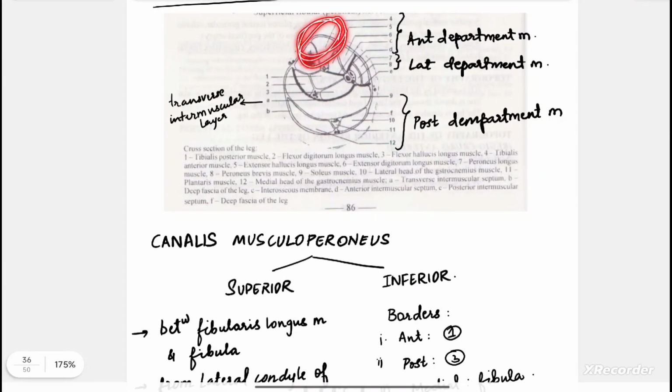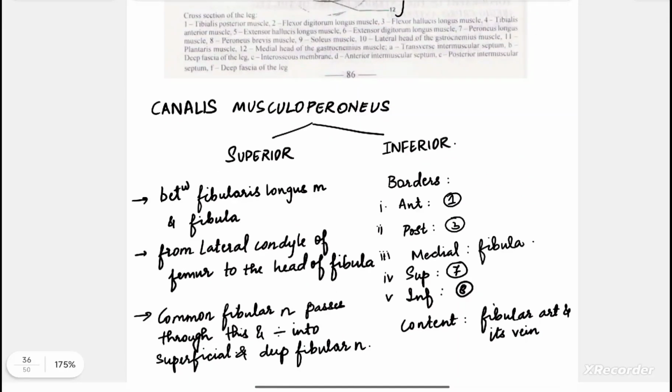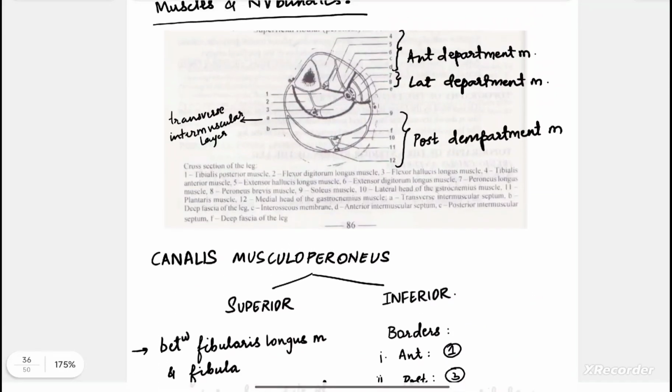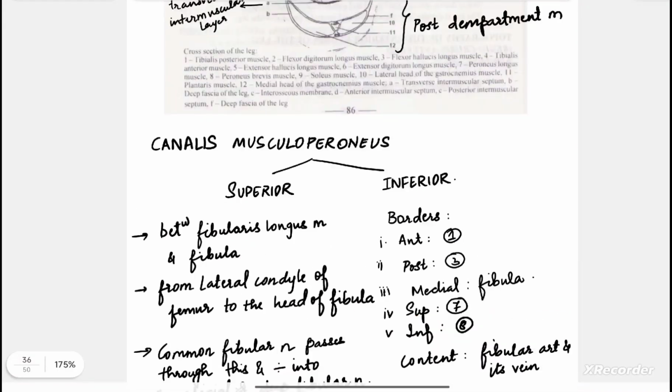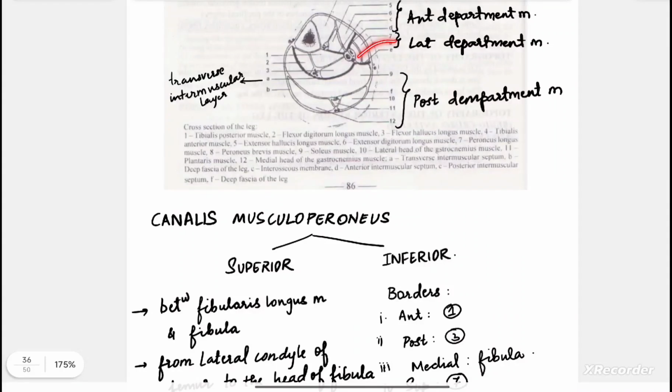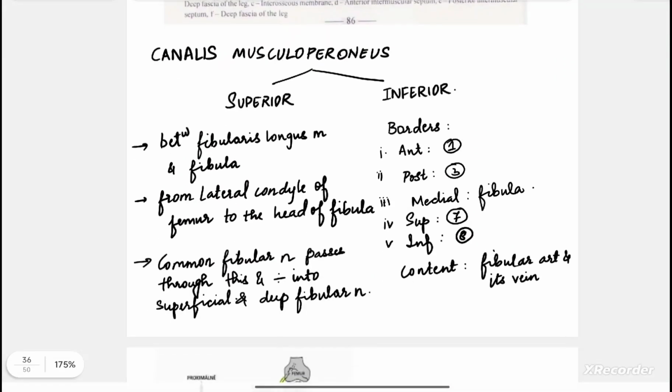Posteriorly is the flexor hallucis longus muscle. Medially, there is the fibula. Superiorly, there is the peroneus longus muscle, and inferiorly, the peroneus brevis muscle. Contents are the fibular artery and its vein.